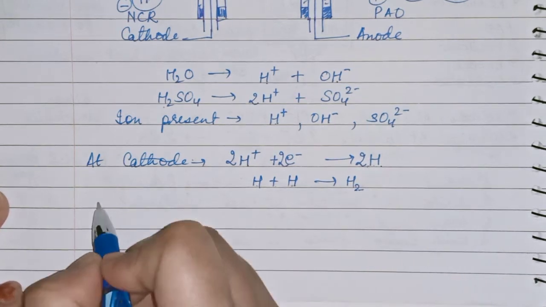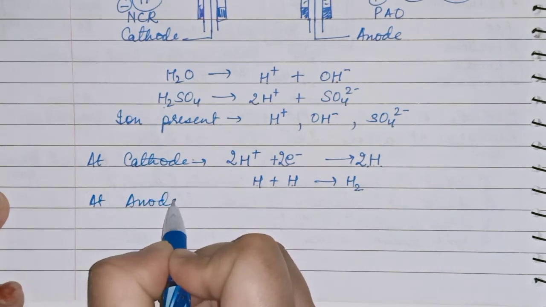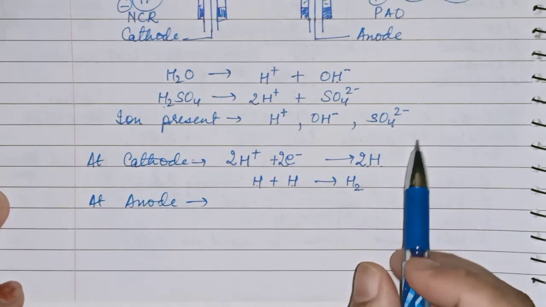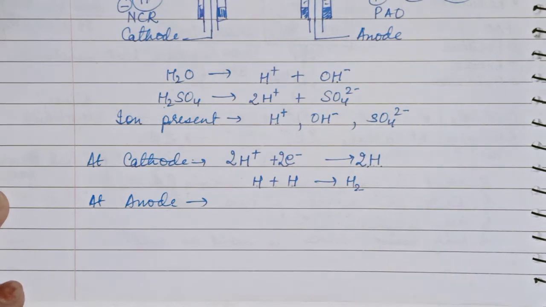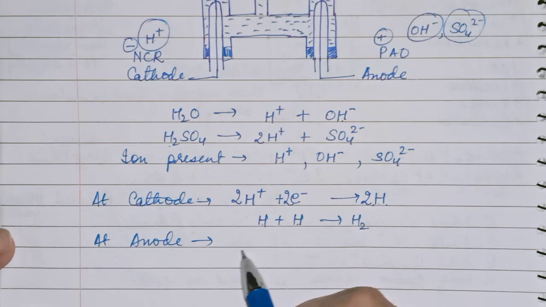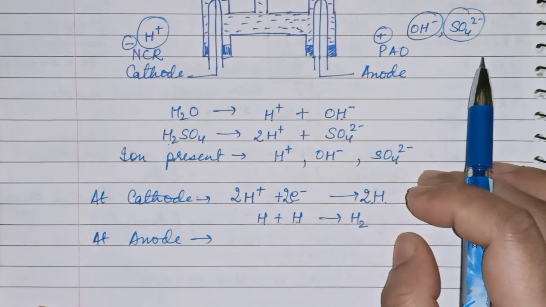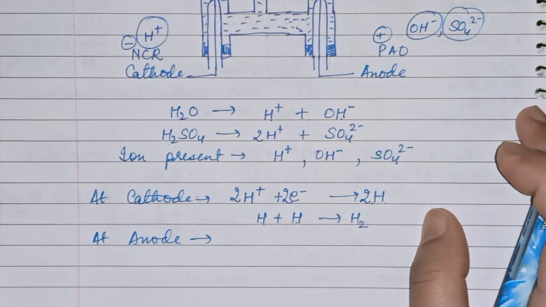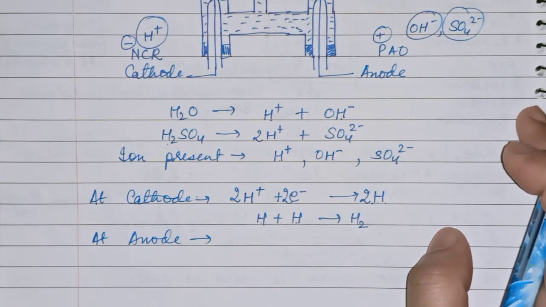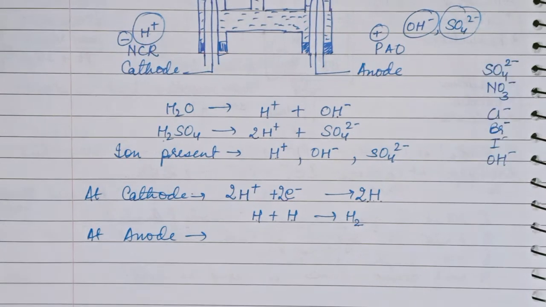Now children, at the anode you will see two types of ions are coming, OH minus and SO4 2 minus. Among these two, which will get discharged at the anode? For this there is an electrochemical series, and you have to remember it.